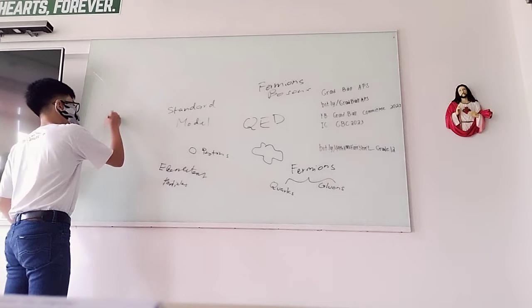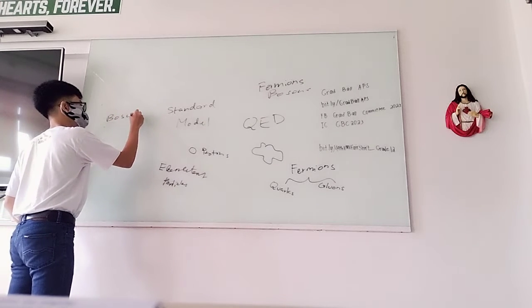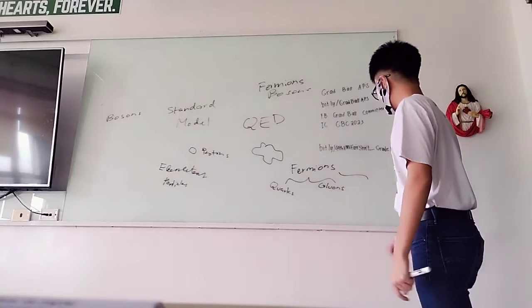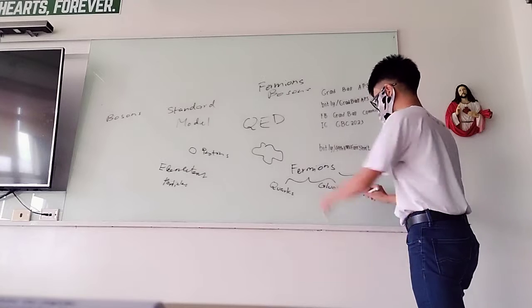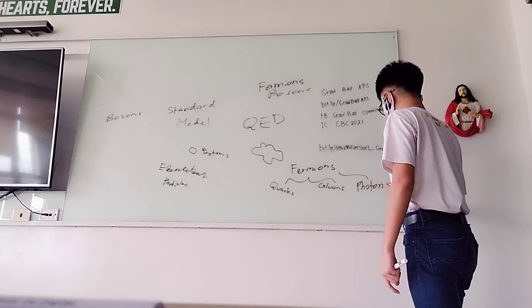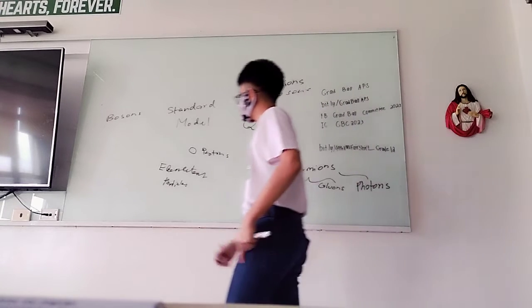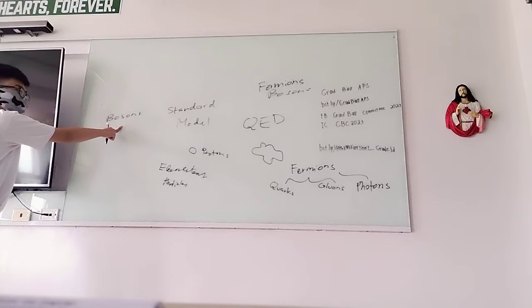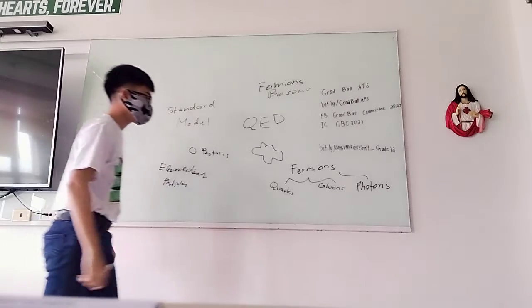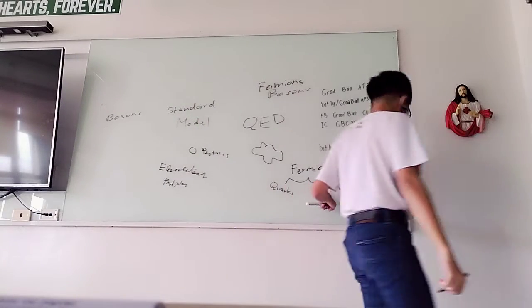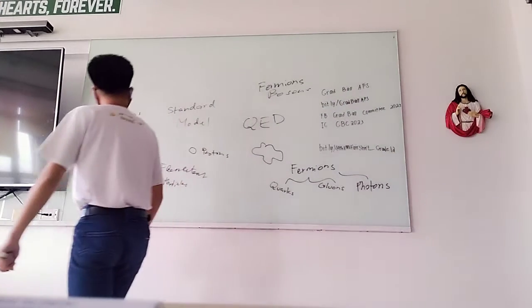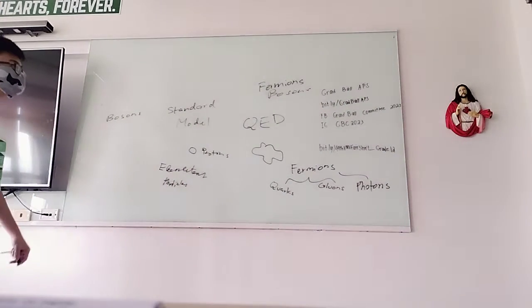This also includes the photon. Bosons mediate other forces such as electromagnetic forces and the weak nuclear force, the counterpart of the strong nuclear force. So that's what bosons do.